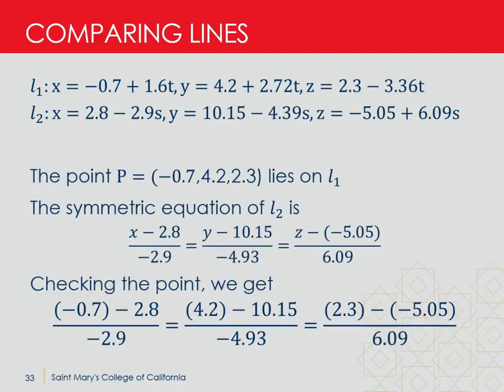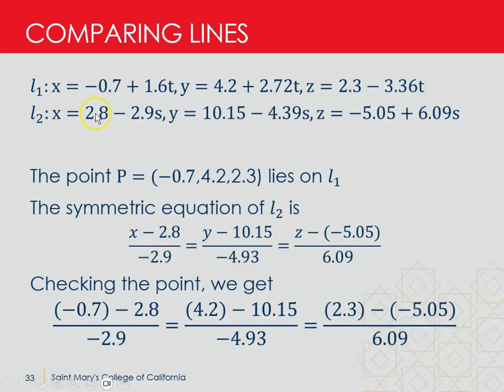So let's think about a point that we can find on either of these lines. The simplest way, I think, is to take this first line. If we set t equal to 0, we get a point on that line, which is negative 0.7, 4.2, and 2.3. That's a point on that line. Let's take that point and plug it into the symmetric equation of L2.